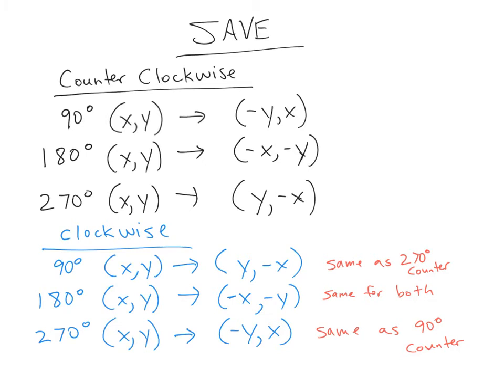Okay, so if I have my 90-degree, let's just look at this. So if I go counterclockwise from here, 90 degrees here, then that would be the same as going clockwise.